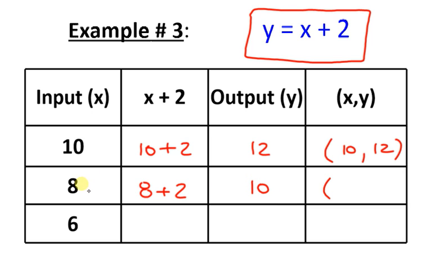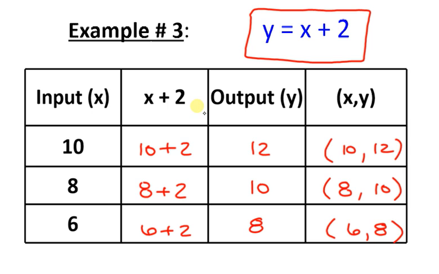So our x is 8, and our y is 10. For our next one, our x is going to be 6, so it's 6 plus 2. 6 plus 2 is 8. So our ordered pair, x first, is 6, followed by our y, which is 8.